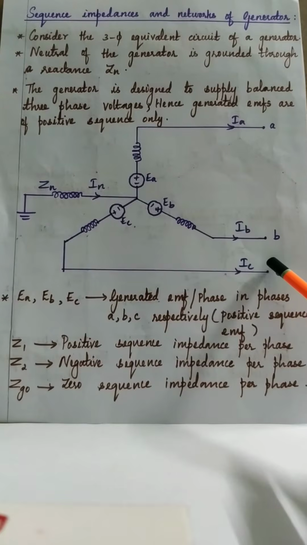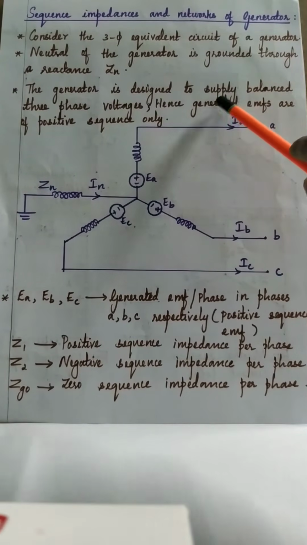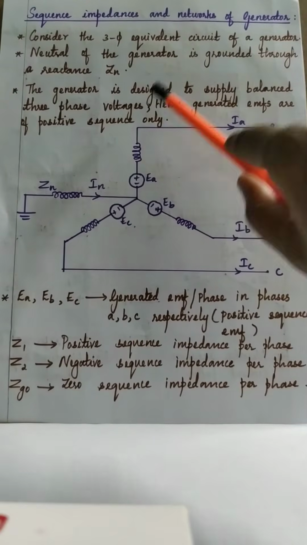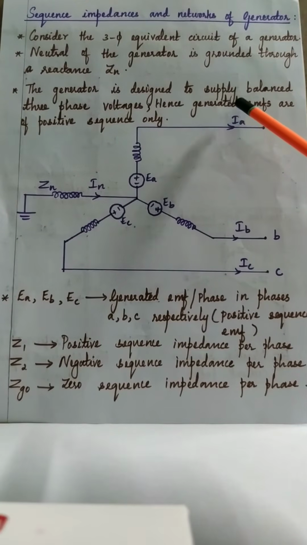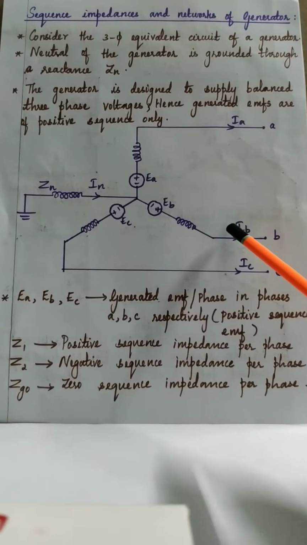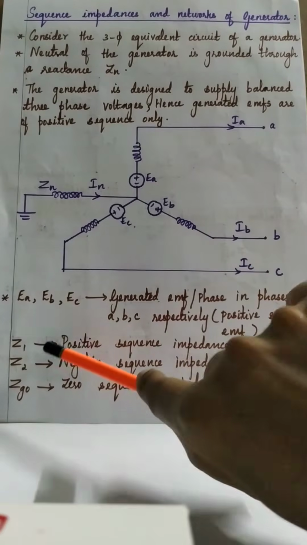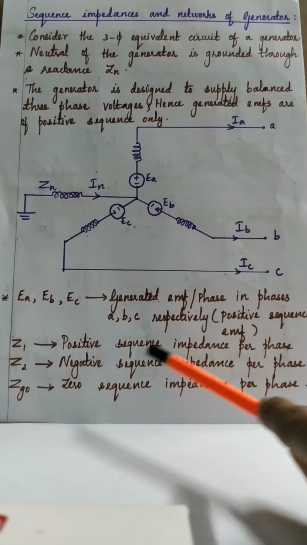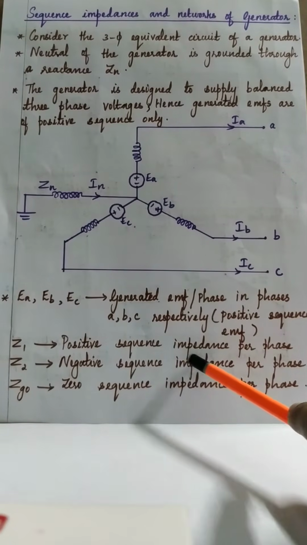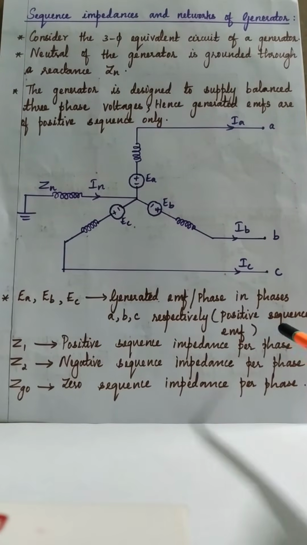Hence a generator which is designed to supply a balanced three-phase voltage will produce generated EMFs in positive sequence only. Let us consider Z1 as the positive sequence impedance, Z2 as the negative sequence impedance, and Zg0 as the zero sequence impedance per phase of the generator.